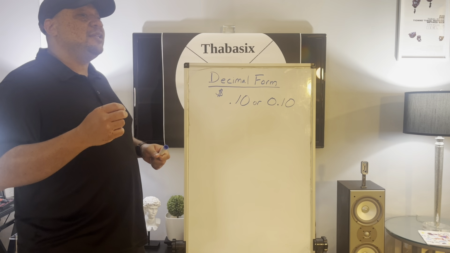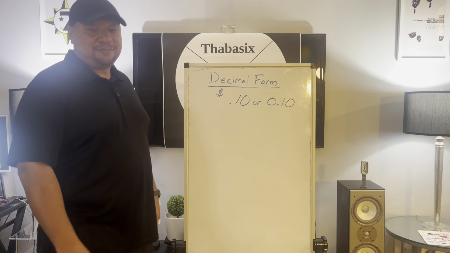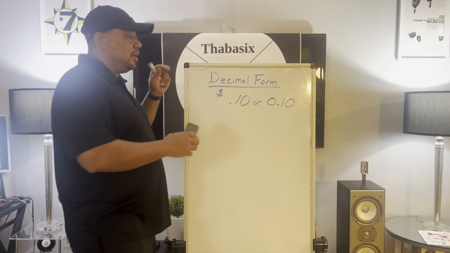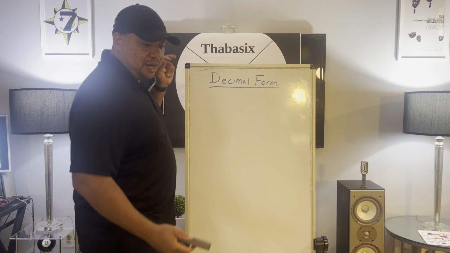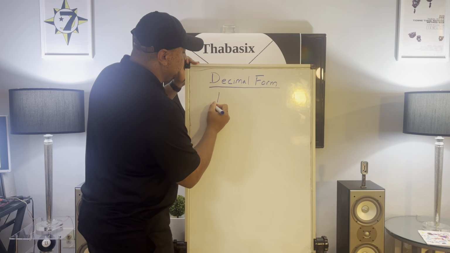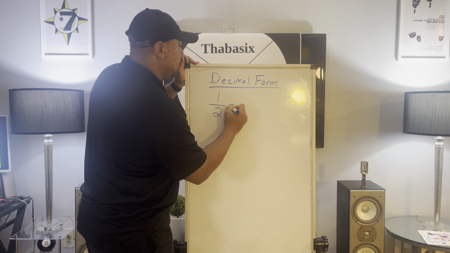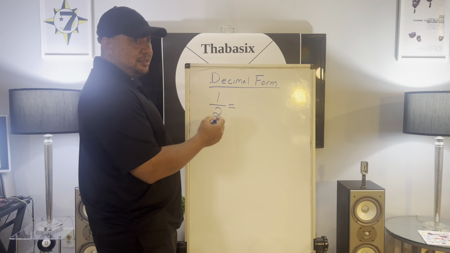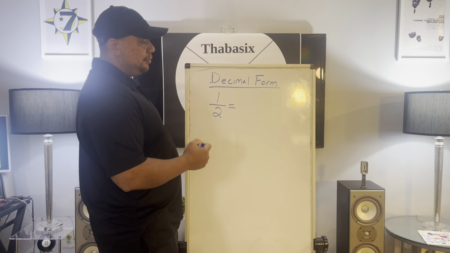The most popular decimal I believe that people think of is when something is half. So we'll start with what does 1/2 even mean? When you're trying to convert 1/2 into decimal form, how do you do it? You're basically taking 2, which is the denominator, and dividing it into the numerator.